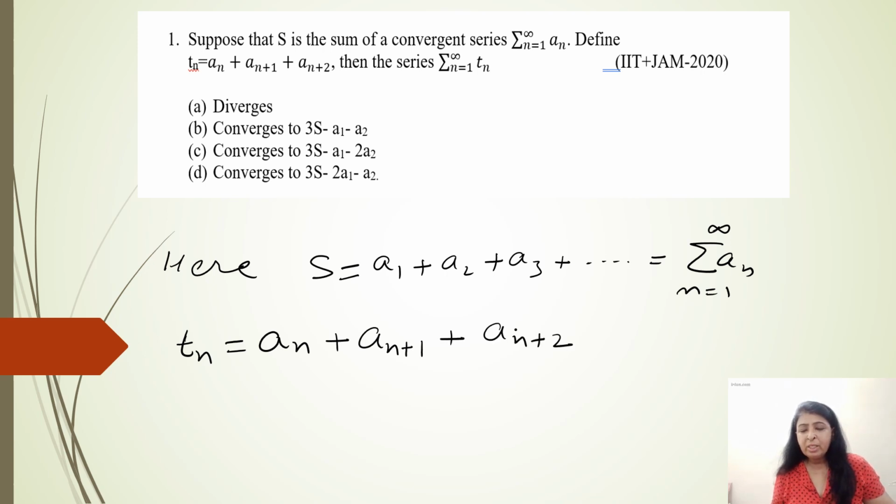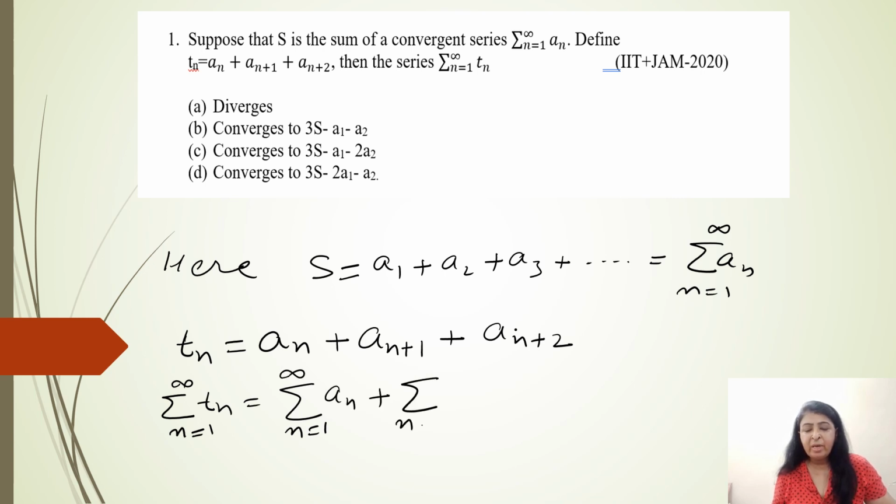Now taking the summation on both sides, what will we get? Sigma n varies from 1 to infinity Tn is equal to sigma n varies from 1 to infinity an plus sigma n varies from 1 to infinity an plus 1 plus sigma n varies from 1 to infinity an plus 2.